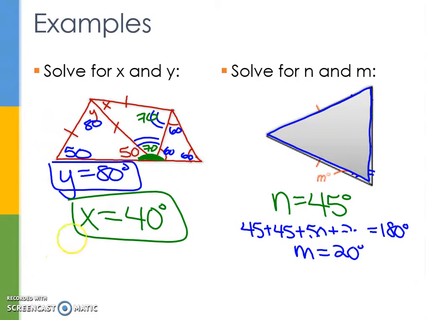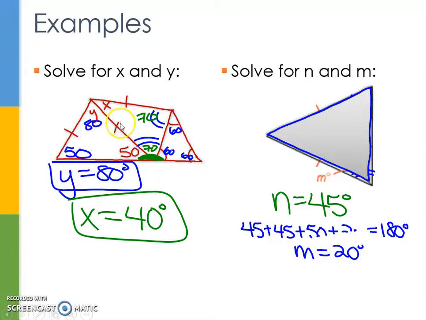We're going to solve for x and y for this figure. You can see this mark, they are congruent. So if this is 50, that's going to be 50. Then that's 100, so that must be 80, right? Because together is 180.